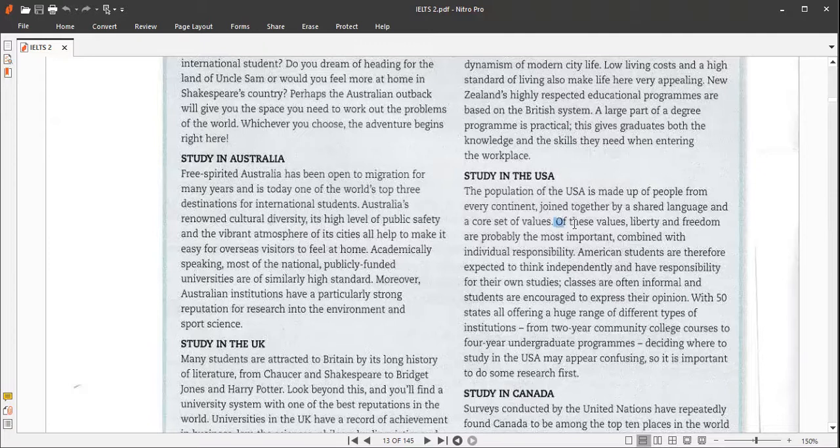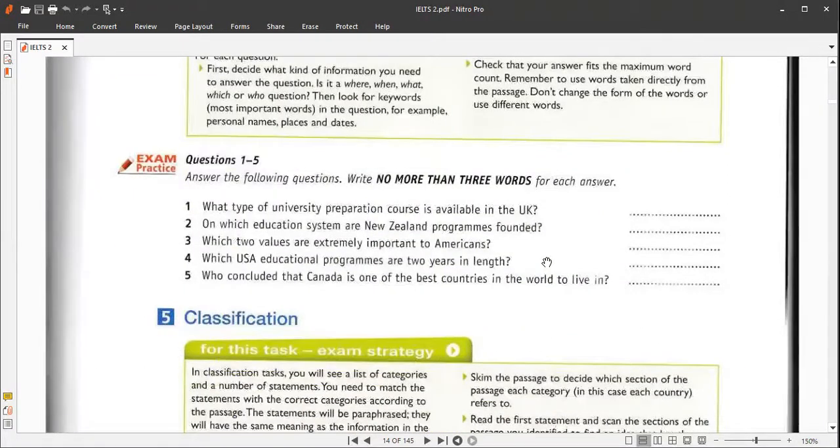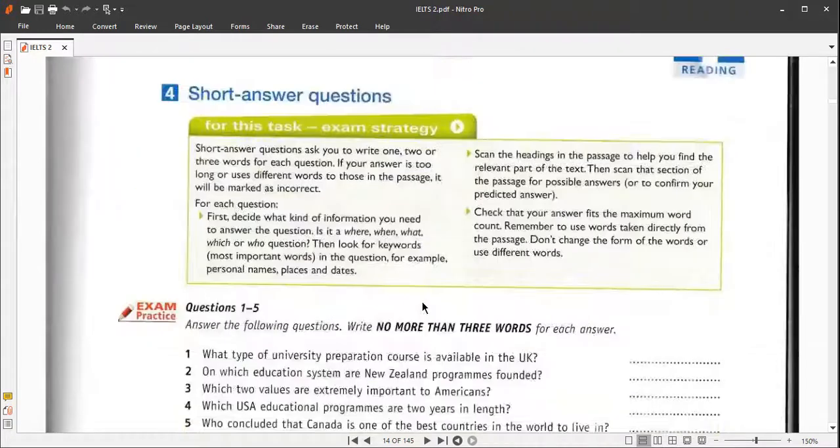Of these values, liberty and freedom are probably the most important, combined with individual responsibility. We have 3 values here: liberty, freedom, and individual responsibility. But the question specifically asks us to give 2 values that are extremely important.